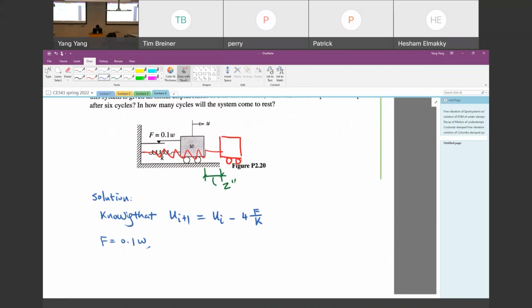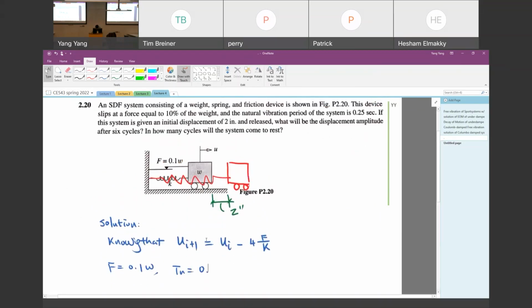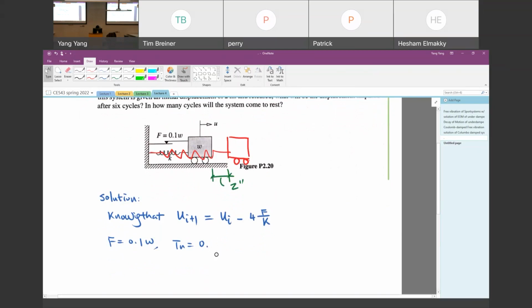and what is the k value in this case? We know the natural period here is 0.25 seconds.